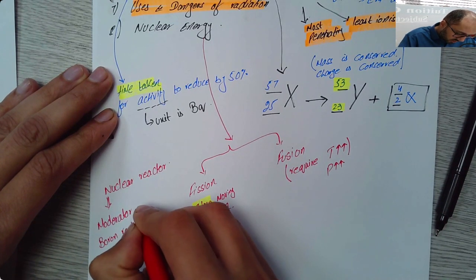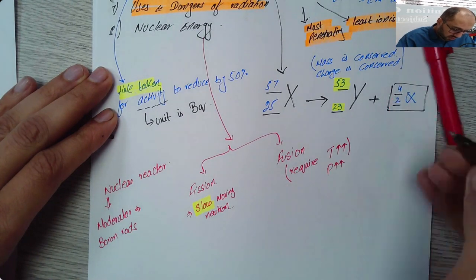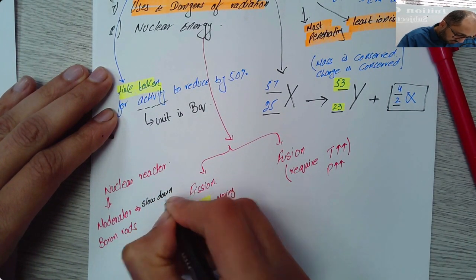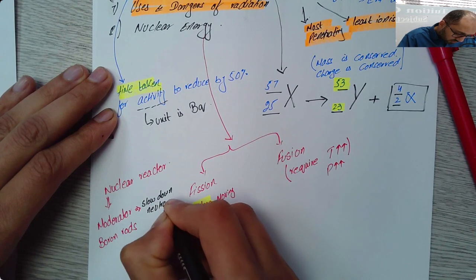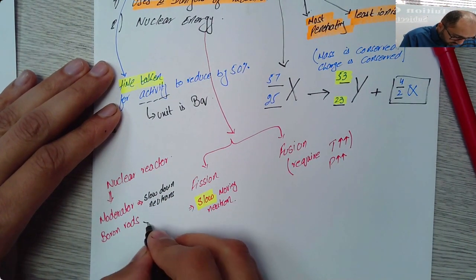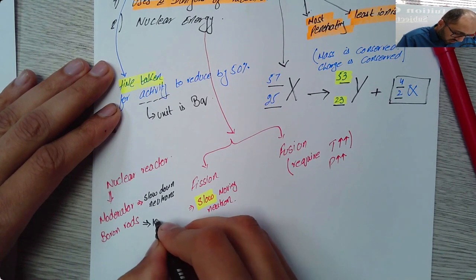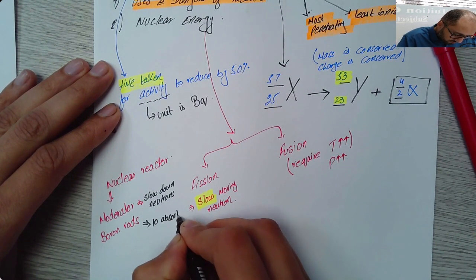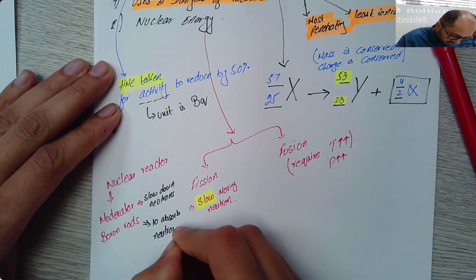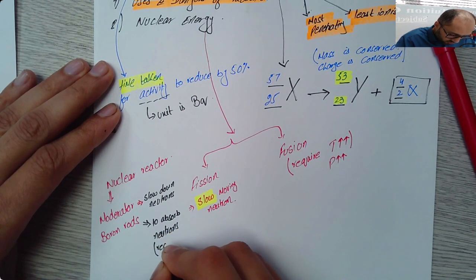The job of the moderator is to slow down neutrons so that fission can take place. The job of the boron rods is to absorb neutrons so the reaction can be controlled.